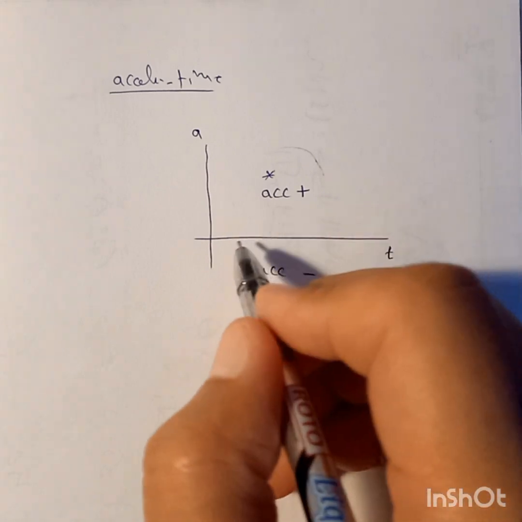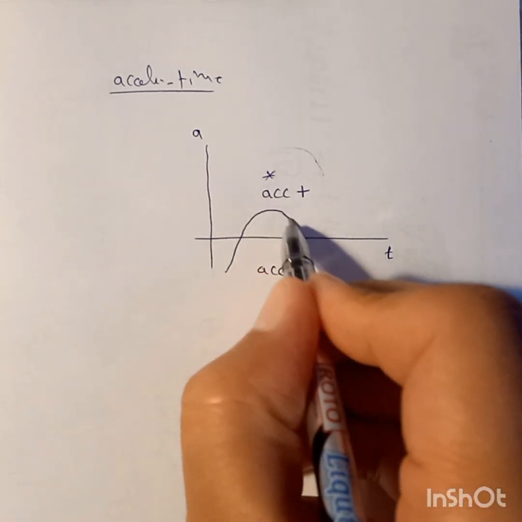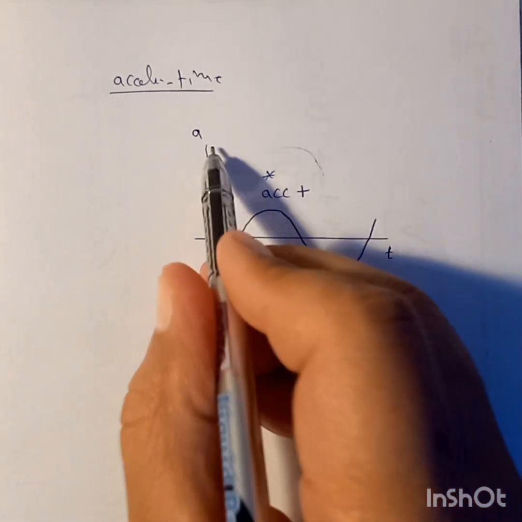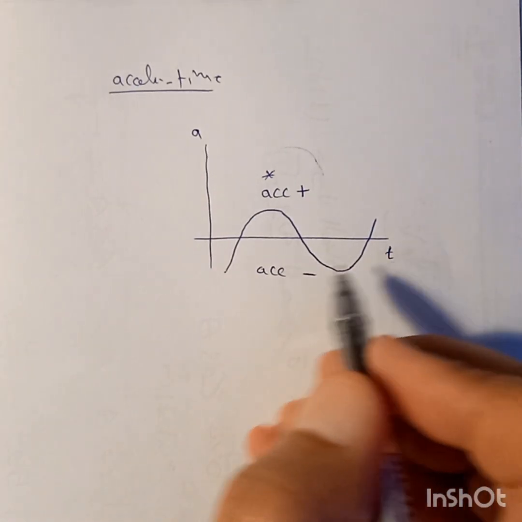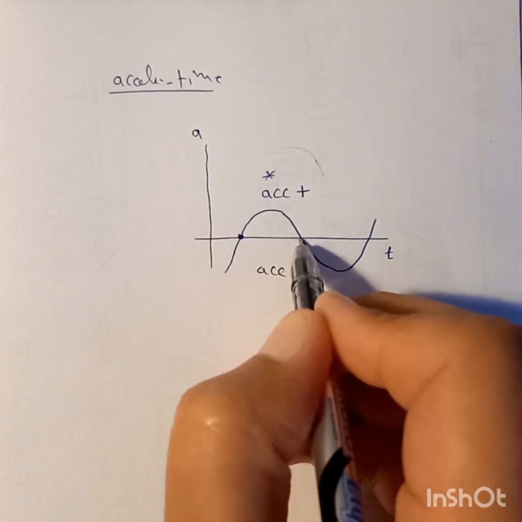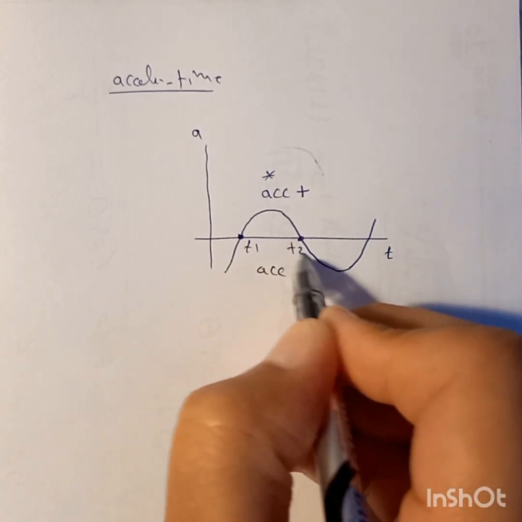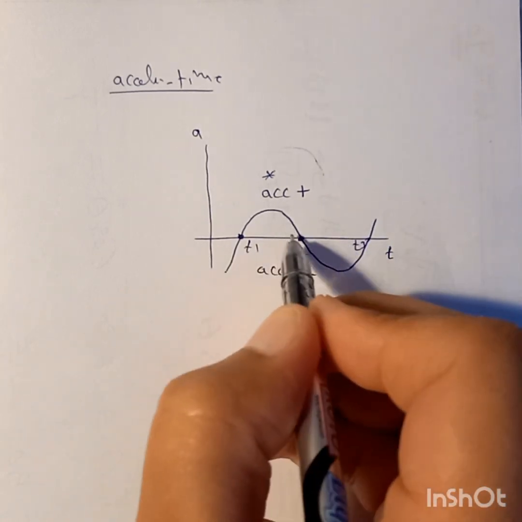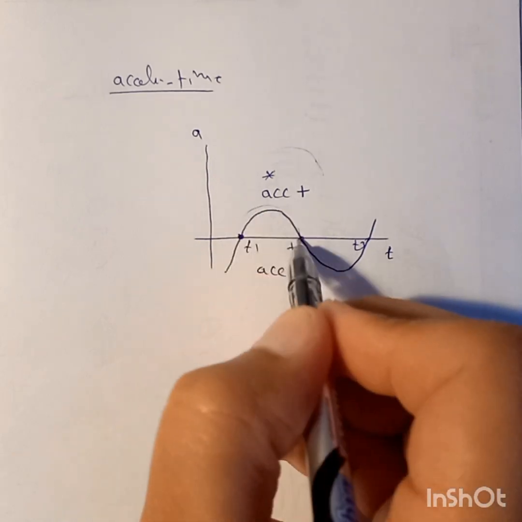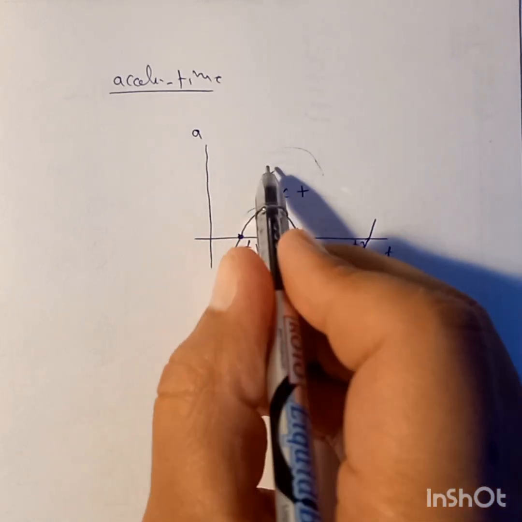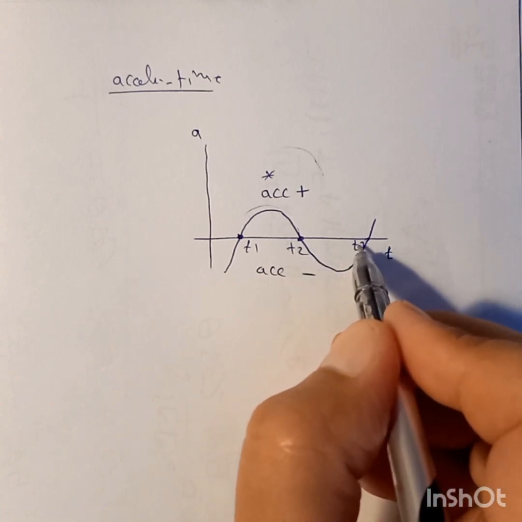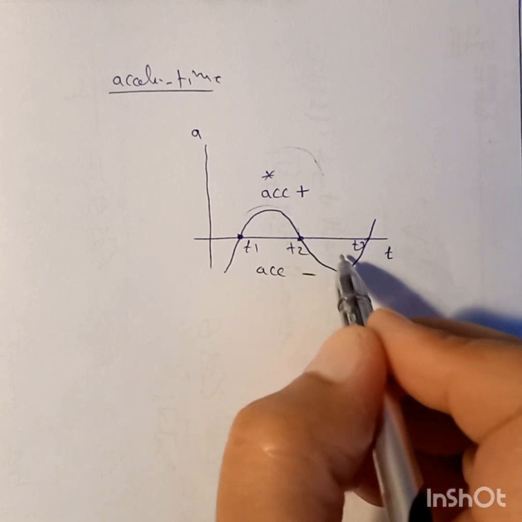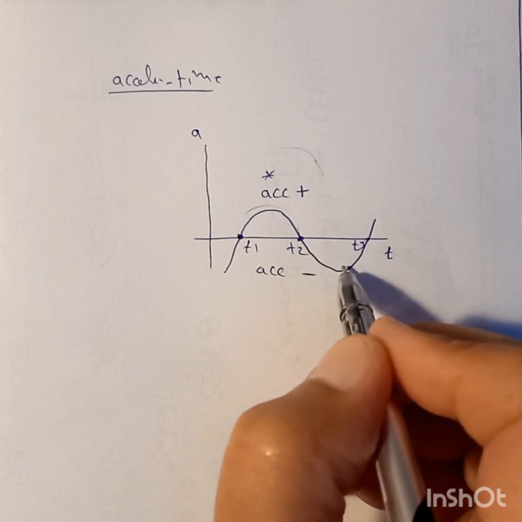For example, if we have this curve for any rectilinear motion of any body, then with times t1, t2, and here t3, from t1 to t2 the acceleration is positive as the curve is drawn above the x-axis. From t2 to t3, the curve is below the x-axis and the acceleration is negative.